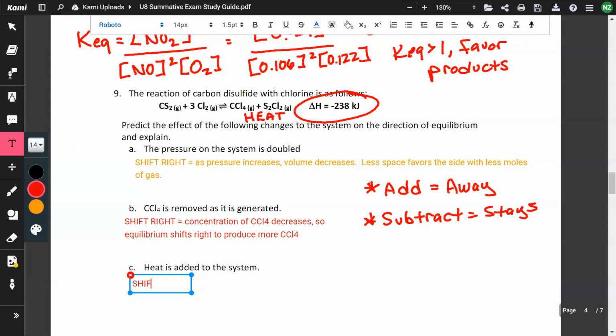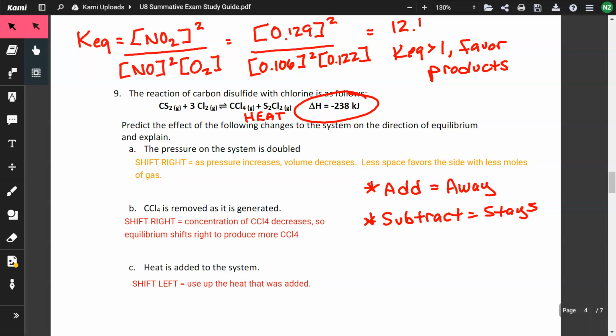So it's going to shift left. Use up the heat that was added. So again, it follows our add away, subtract stays secret to solving these types of problems.